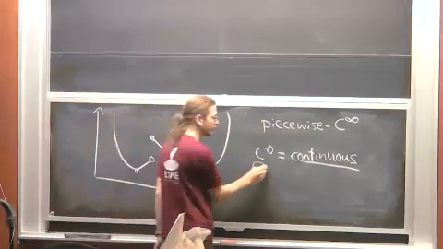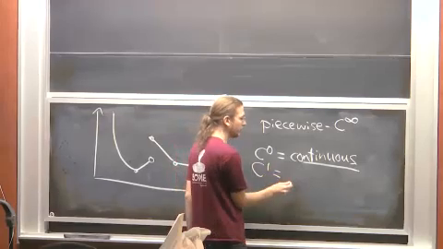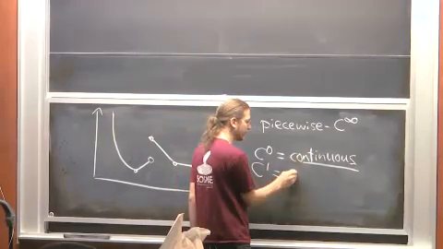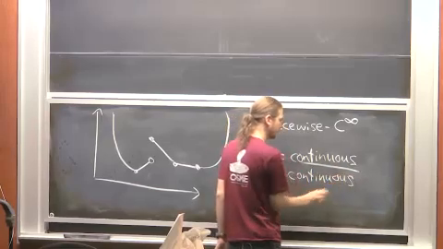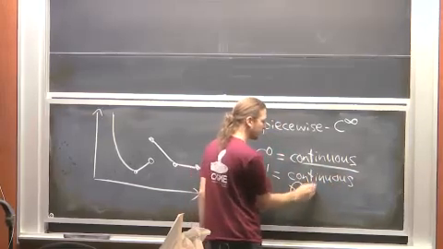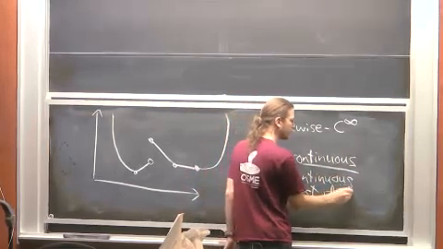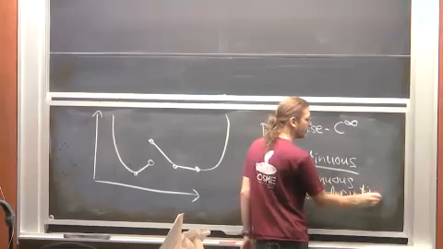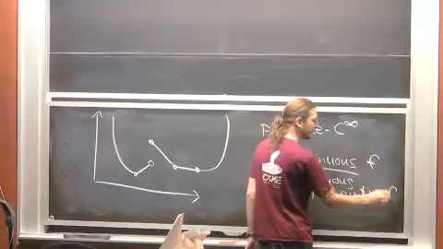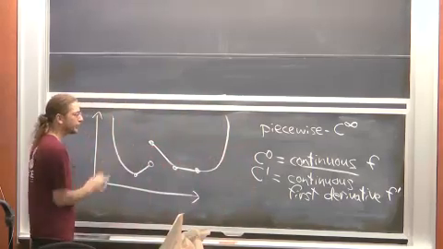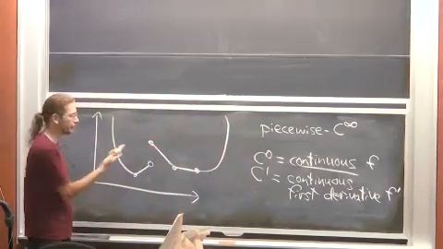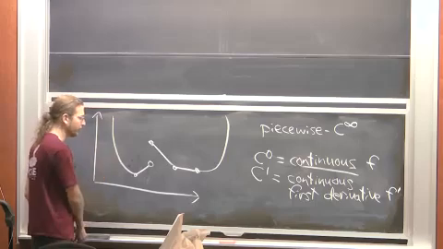C1 is a stronger condition, which means that not only are you continuous, but you also have a continuous and existing first derivative. So whereas here we're thinking about f, here we're thinking of f prime. Not only can you talk about the function being continuous, C0, C1, but you can talk about individual moments in time.